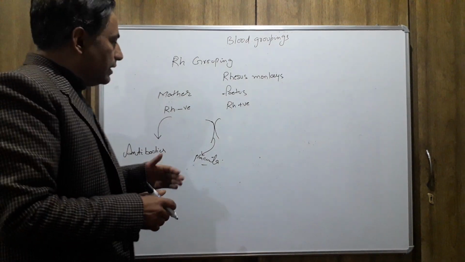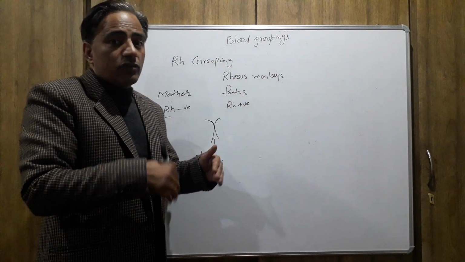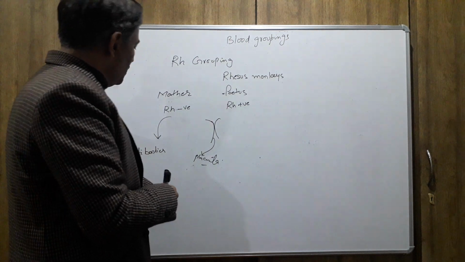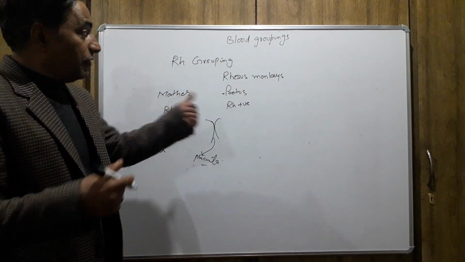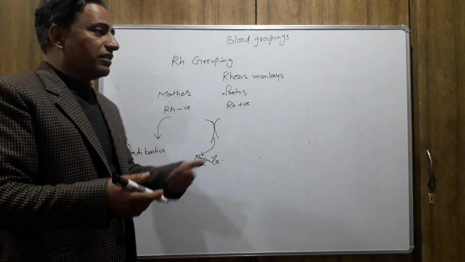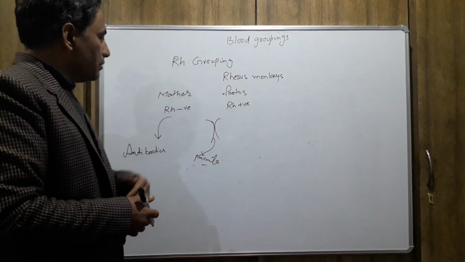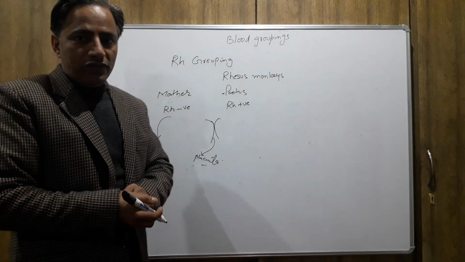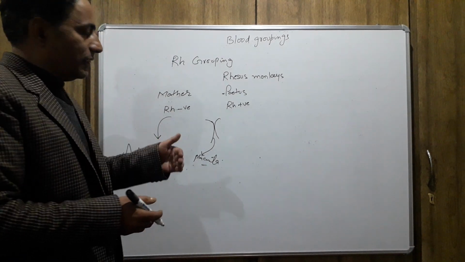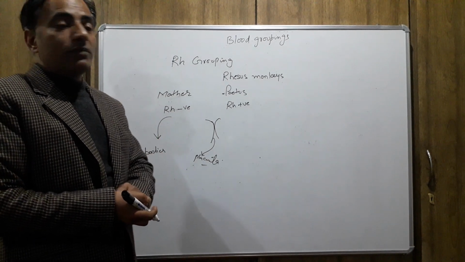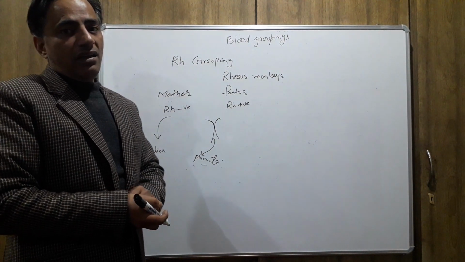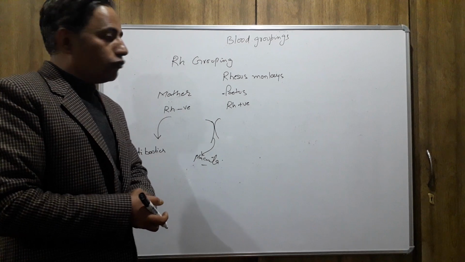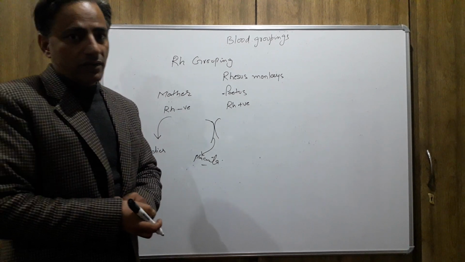But there are chances in the succeeding pregnancies that the maternal blood may mix with the blood of the fetus. In that case, the mother's antibodies would destroy the RBCs of the fetus, and it may cause severe anemia and jaundice.